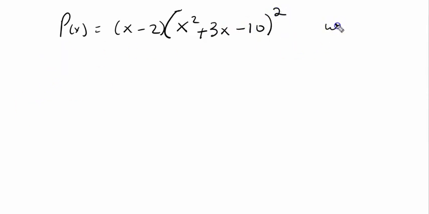All right, so what are the zeros? And we see, well, I have a linear factor there. This one, are there two numbers that multiply together to give me negative 10, but at the same time add up together to give me positive 3?